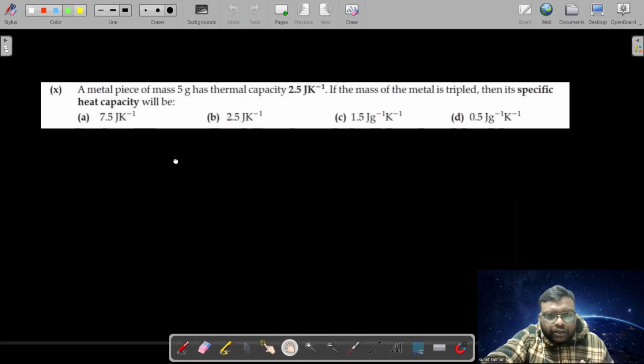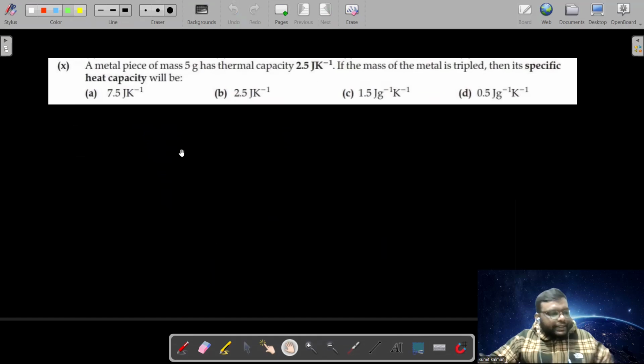The problem is like this: there is a metal piece of mass 5 gram and it has thermal heat capacity of 2.5 joule per Kelvin. If the mass of the metal is tripled, then you have to calculate its specific heat capacity.